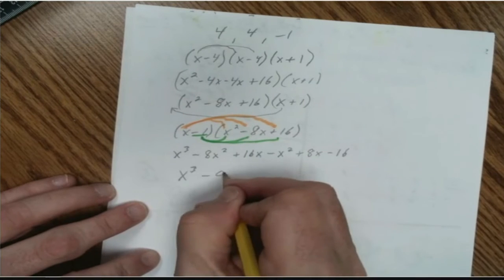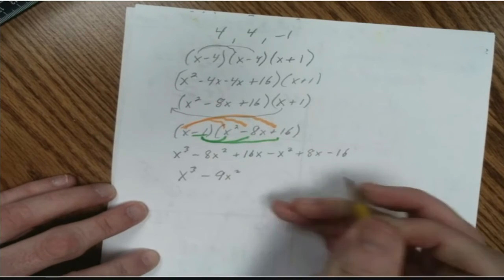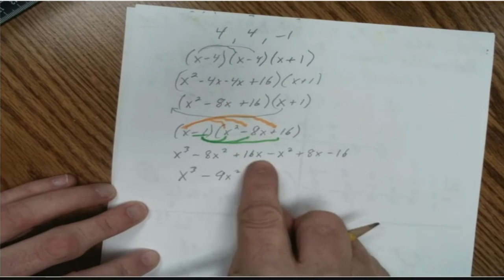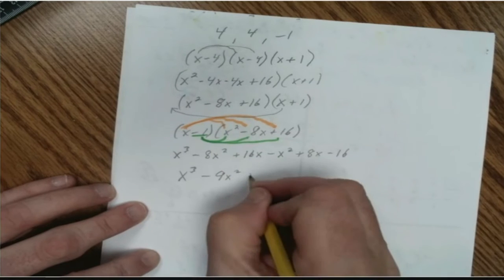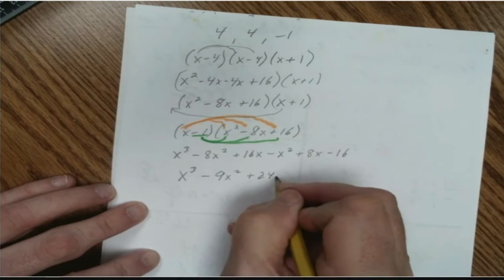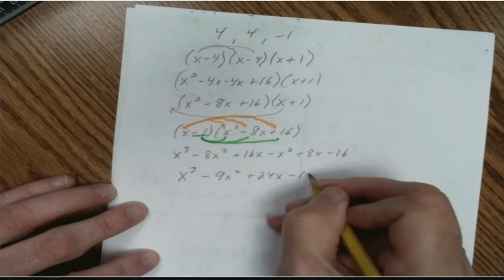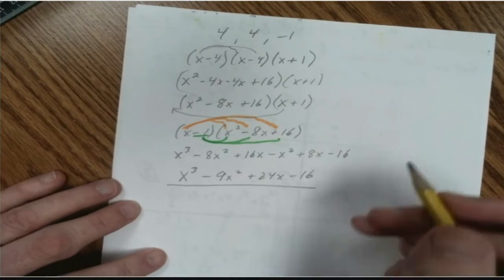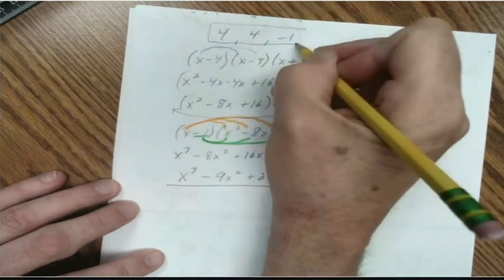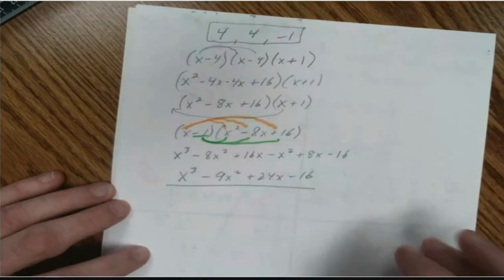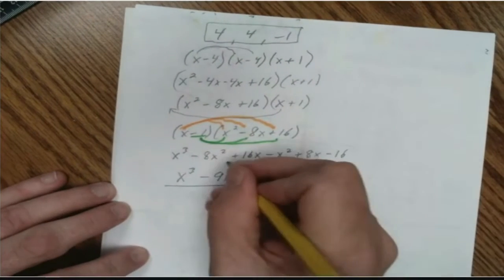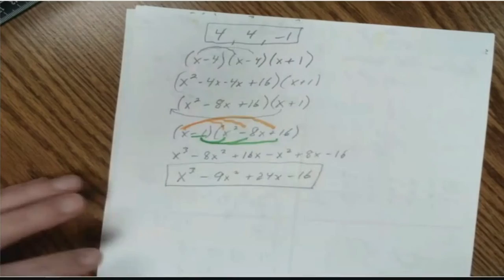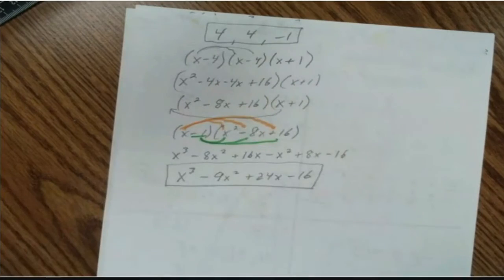So that gives us -9x squared. And we got 16x and another 8x. So that's 24x. And then we got a minus 16. So this is the polynomial that has these roots. So if it wants us to write the polynomial and it just gives us the roots, we just multiply them back together.